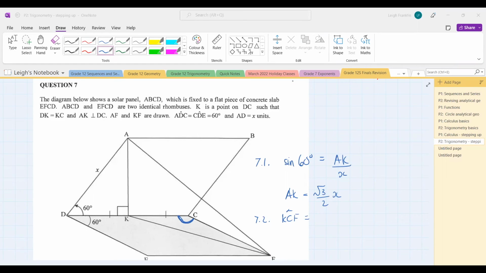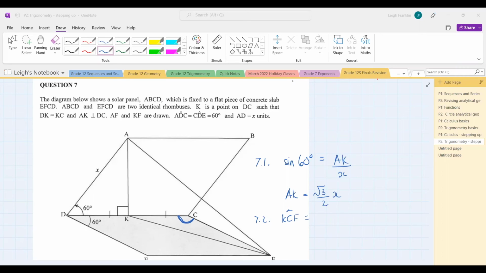Remember, a rhombus is a parallelogram, and parallelograms have parallel sides. So in other words, DE is parallel to CF. So the angle at D and the angle at C would be co-interior angles.